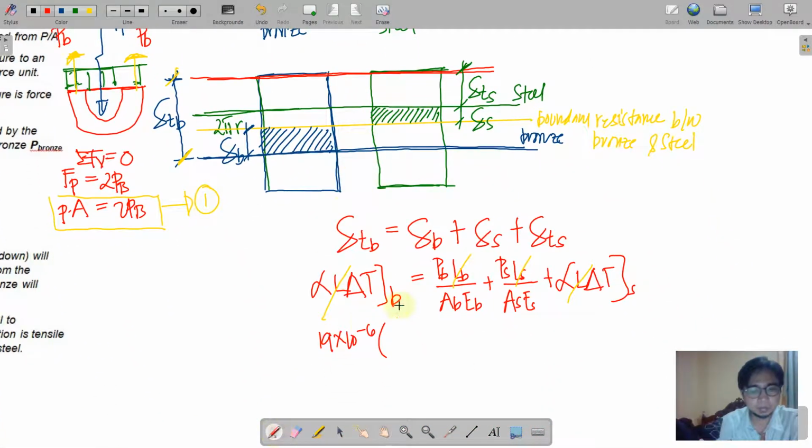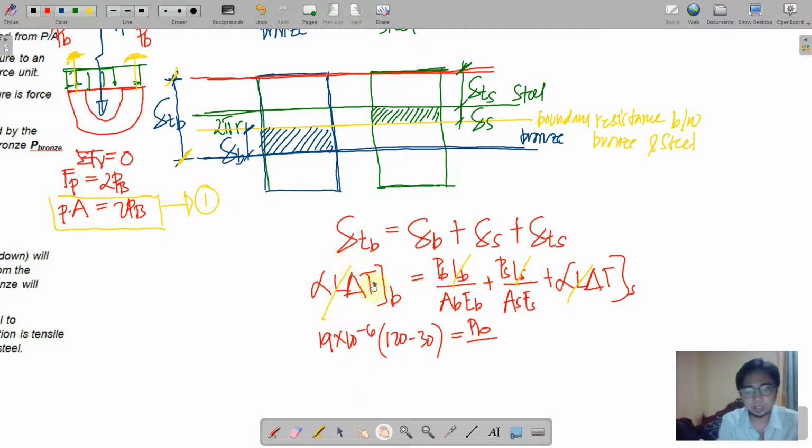So 120 minus 30. Okay, so next, this is equal to PB, we do not know that variable yet, and then area of the bronze.